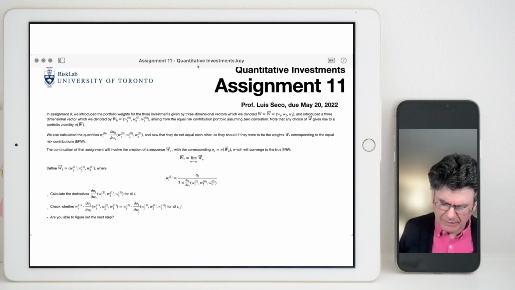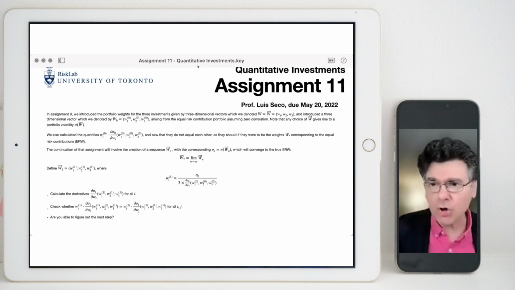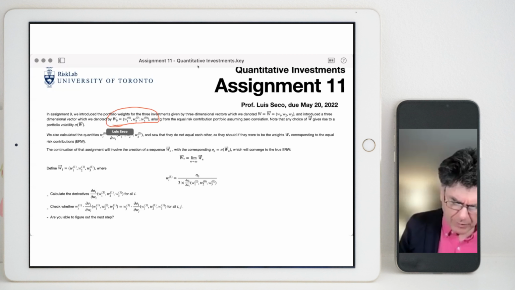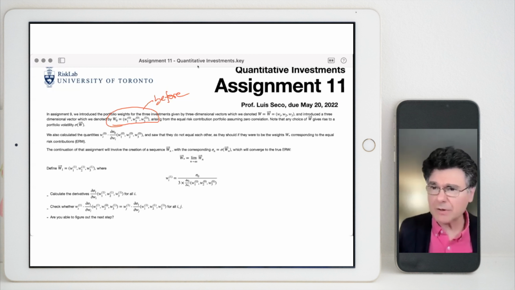I'm explaining how we started with one set of weights and we're going to calculate new weights. The set of weights, these are the ones that we have from before. And we're now going to calculate the new ones.